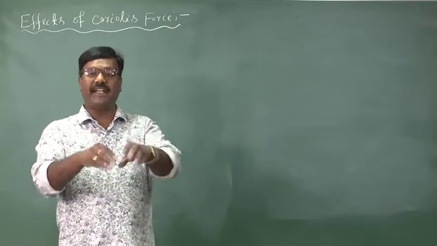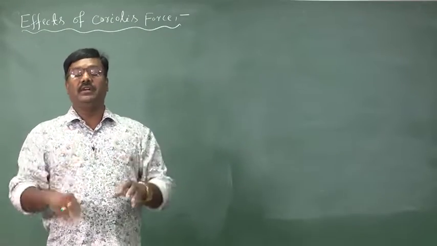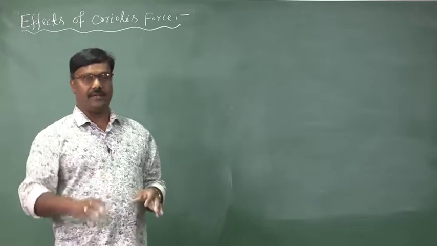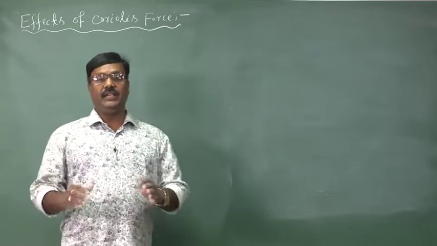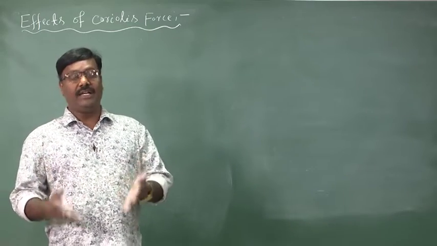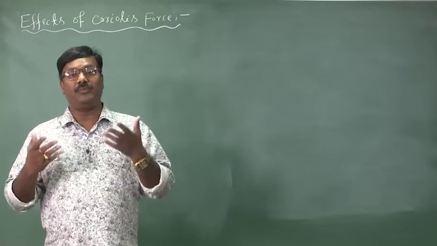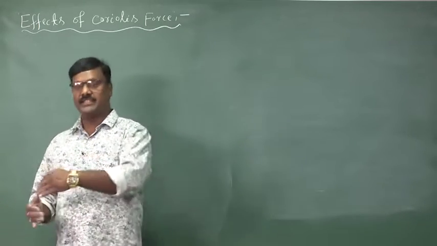There the low pressure exists, and from other places wind flows to that place of low pressure. And when the wind flows with a very great velocity, it experiences a Coriolis force, and as a result of the effect of Coriolis force, it deviates towards its right.